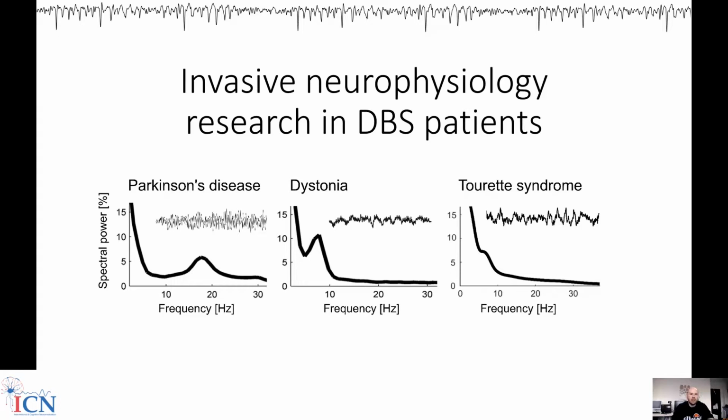This has some potential clinical value because it could be possible to use such patterns to change or adapt the stimulation, and also to learn about the pathophysiology, about the disease mechanisms underlying the symptoms that we can see in the clinic.